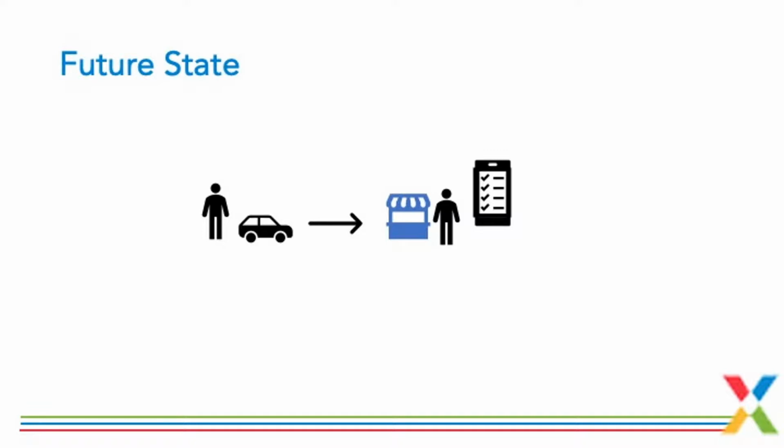So what was the new, future state? The salesperson drives to the customer location, takes the sales order, and done. Some of you might be thinking, okay, what about the data? What about the internet connectivity? A lot of these warehouses and manufacturing locations are in remote areas with weak cell phone reception.